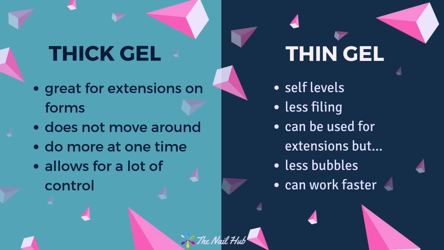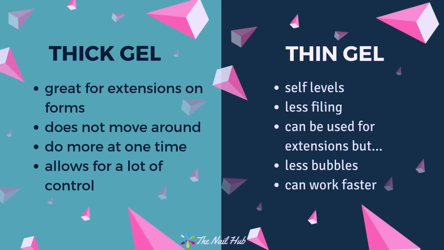I will be going into exactly what this looks like when we apply the different types of gels so you understand how to use each one. But it is going to be stickier and a little bit harder to get on the nail without creating lumps and bumps, so it needs more finish filing if you're using it for the whole nail. But for extensions, it's awesome.